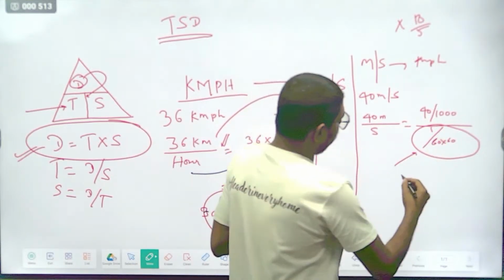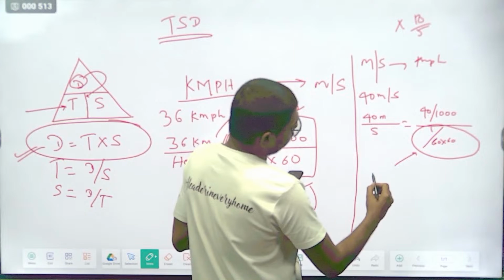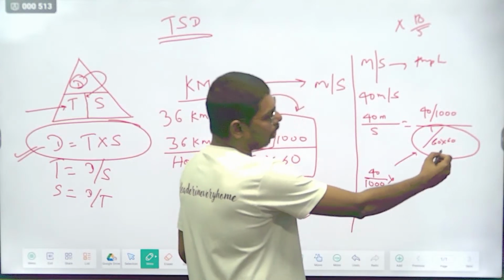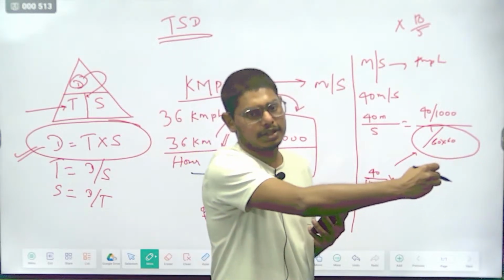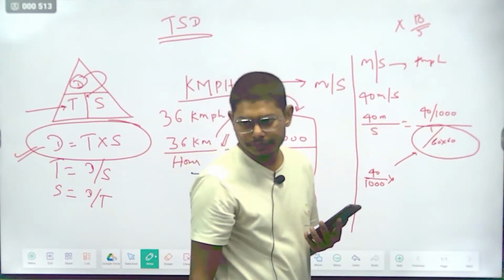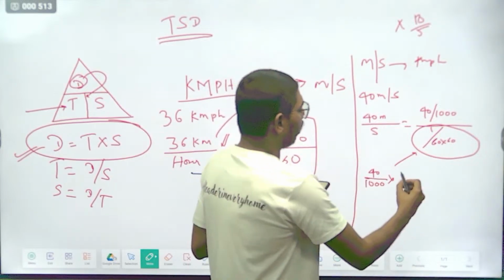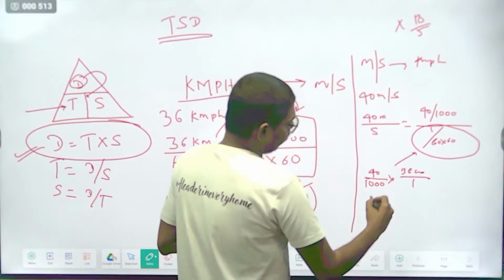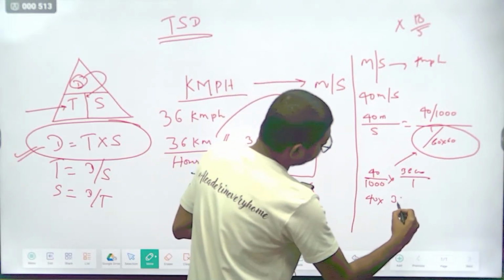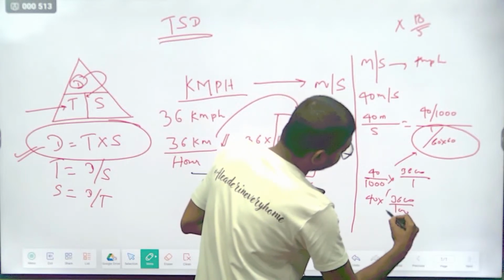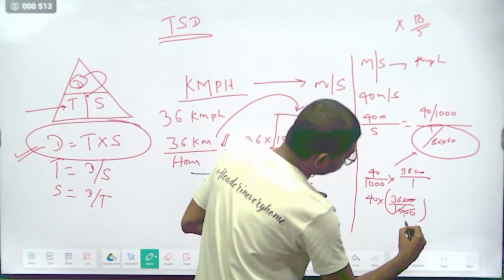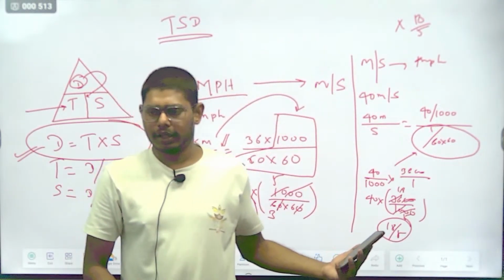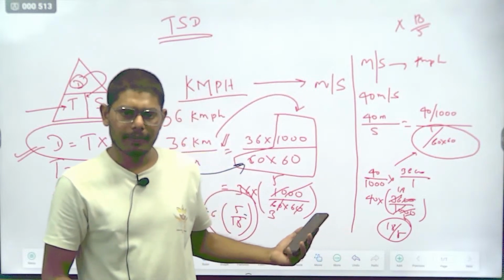So now what we do is that 40, let it be like that, over here 1000, and now what will happen to this particular 1 divided by 60 into 60? Will it get flipped? Yes or no? So if it gets flipped, now 40 into, let's write it down. From here exactly your 18 by 5 comes, right?